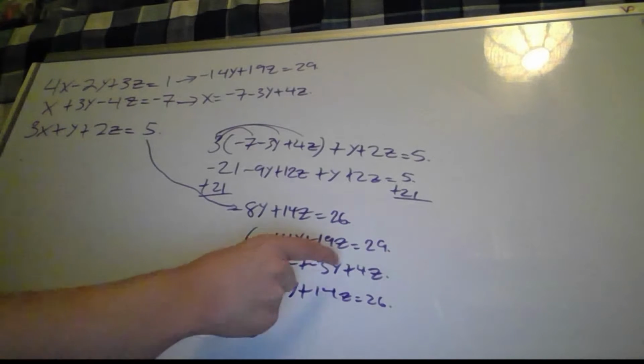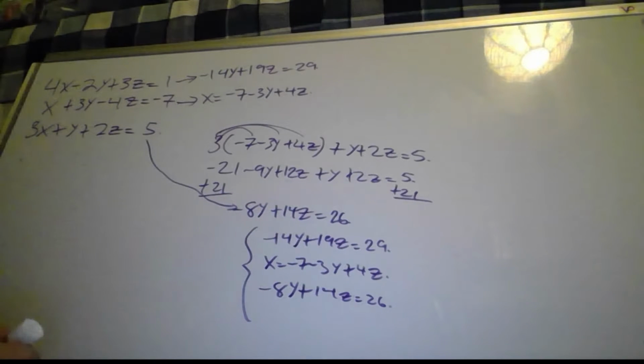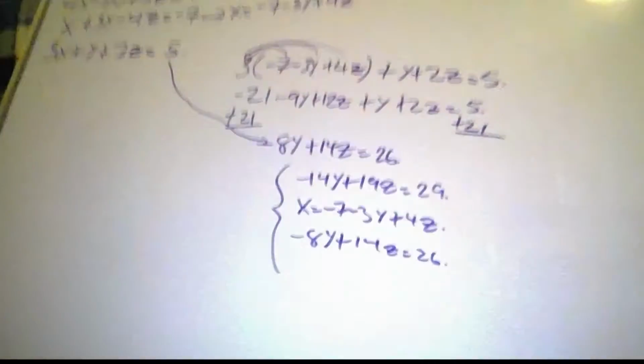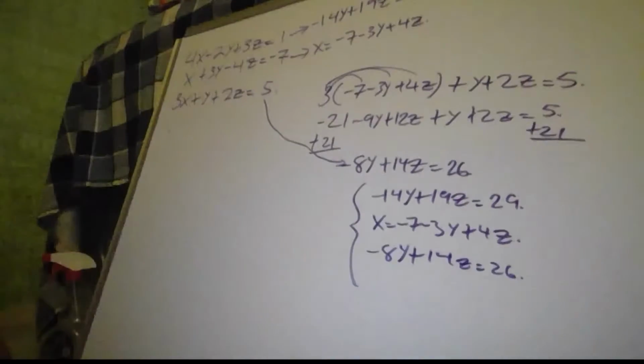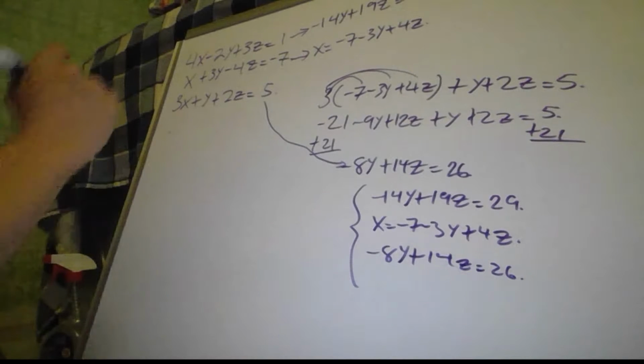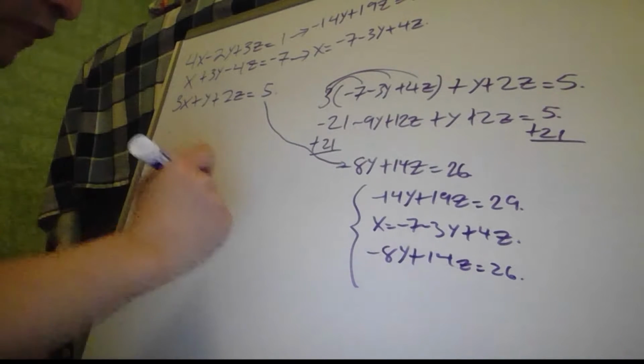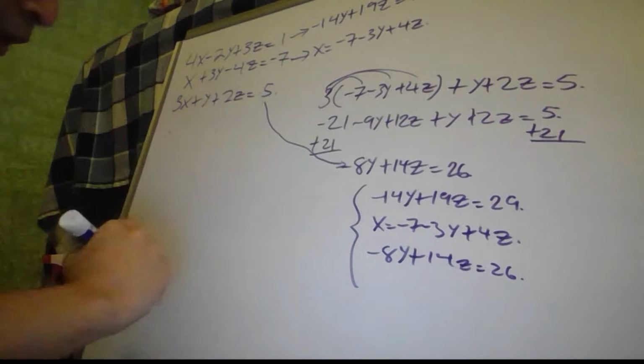We don't really have a need to use it anymore. That's the one that we solved for at the beginning. The main thing is you want to make it a system of 2, so that you can solve for a variable. Your goal is to solve for a variable, so that it becomes all very clear.